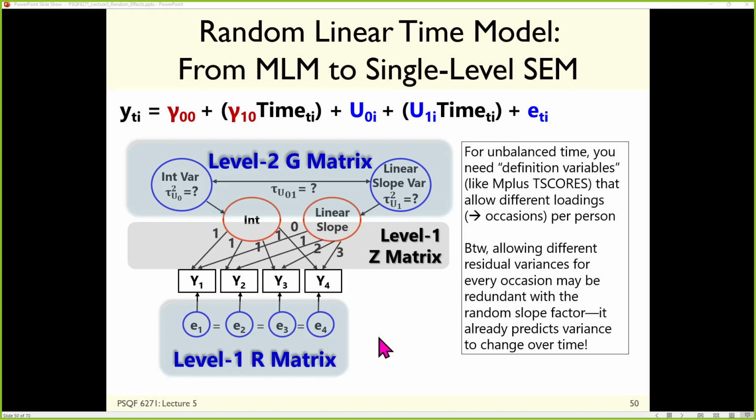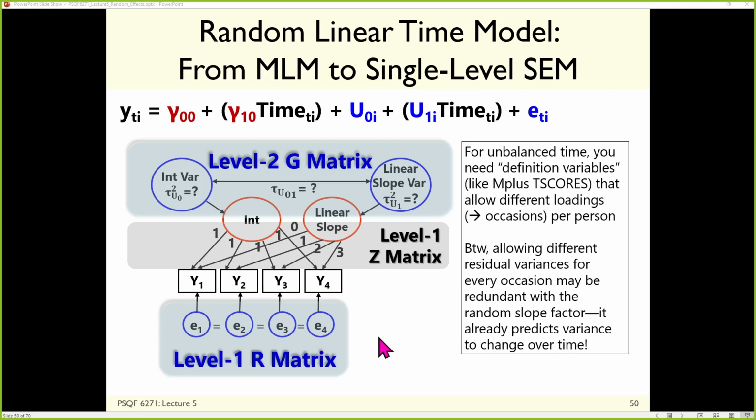So you could have measures like A, B, and C at the first occasion, and then B, C, D at the second occasion, and then C, D, E at the third occasion. And if things are calibrated properly onto the same metric, then you can have growth in that latent variable, even though it's not measured by the same thing at each occasion. And that makes a lot more sense if you're measuring children or people who change quickly and you don't want them to ceiling or floor out on your measures.